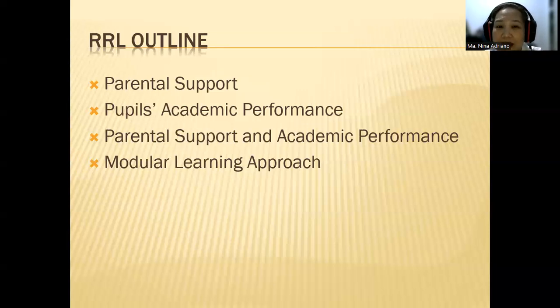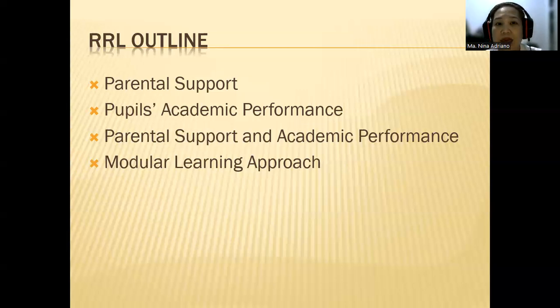And then the second one, lahat lang ng gumamit ng academic performance, ilalagay natin doon. Dito sa pangatlo, lahat ng magkasama dapat ang parental support at academic performance sa isang study, and then you will discuss that under that particular heading, and then you mention how that is related to the current study that you are now doing. And then the second one is modular learning approach.